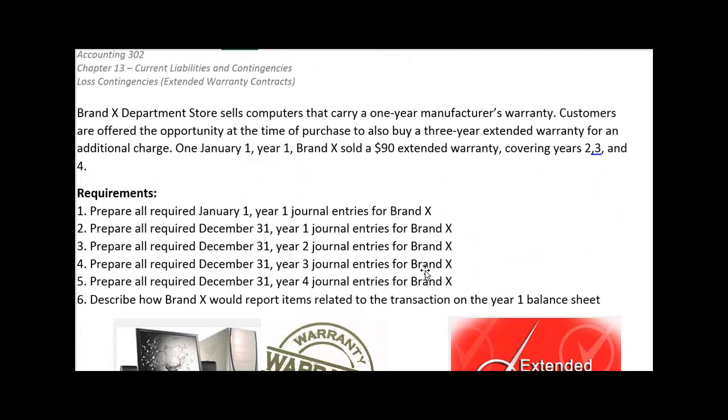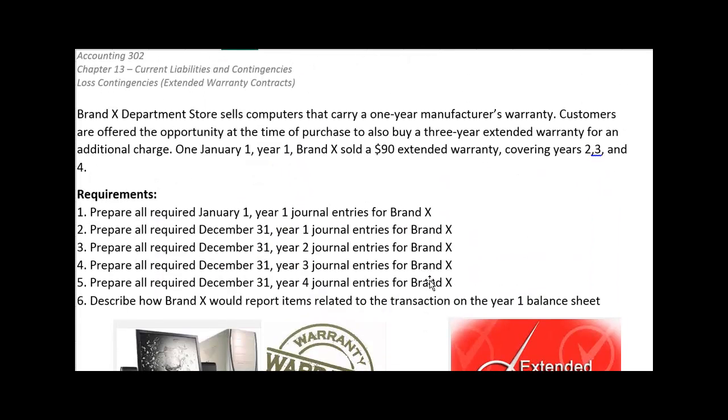And in this example, I didn't have anything that said the computer broke after 2 years, and so we had to fulfill our contractual agreement and replace it. And typically within these problems with an extended warranty, you'd have some sort of an estimate of a cost that you would expect to have to service over those 3 years.